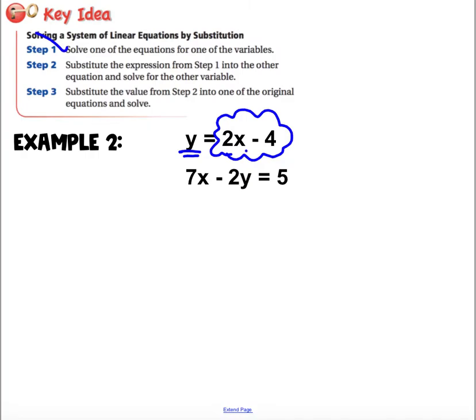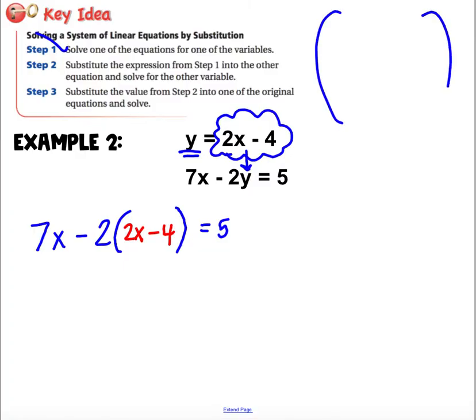And we're going to substitute it wherever we see a y in the second equation. So our new equation will be, let's take the second one, 7x minus 2 times the quantity of 2x minus 4 equals 5. Again, notice now I only have x's.